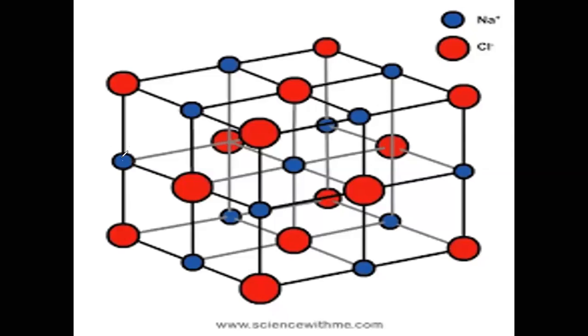For every blue one, you have a red one, so every blue one is surrounded by red ones, and every red one is surrounded by blue ones. For every red you will find a blue, and for every blue you'll find a red.